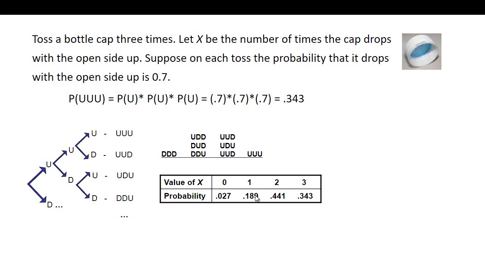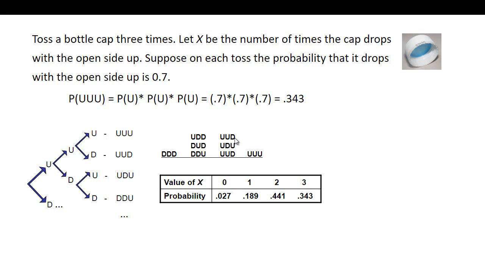So that's the probability that x is 1. And the probability that x is 2 would be 0.441. Again, you look at this, x equals 2 is the event where you have these 3 outcomes. And the probability of the first one would be 0.7 times 0.7 times 0.3, that's 0.147.